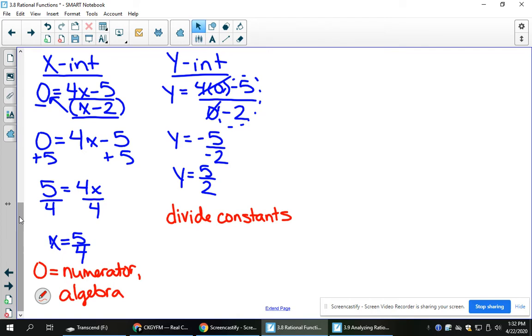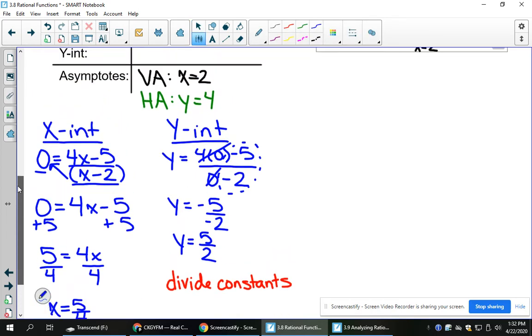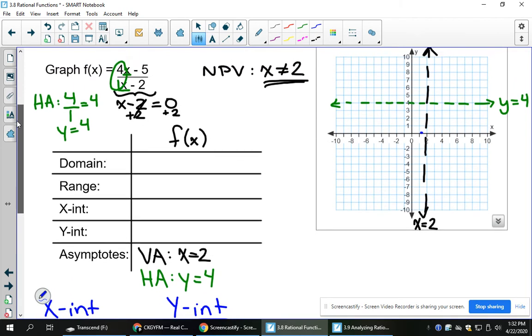I'm going to go ahead and put my y-intercept on my picture now, about 2.5. And I should be able to sketch in what this would look like now. I can see the shape forming down here, and then I'd have a similar shape forming up here.